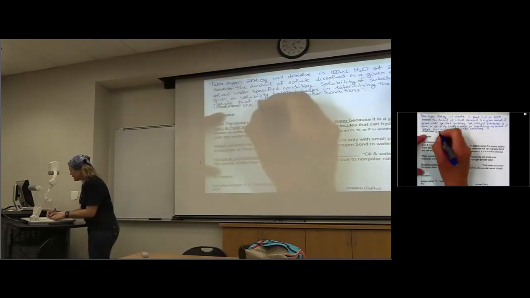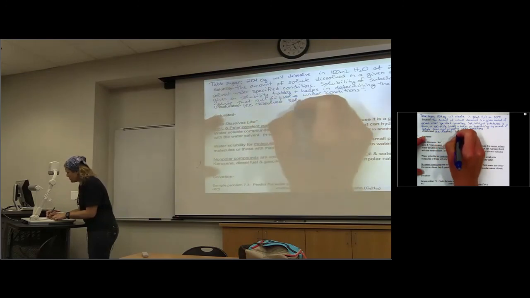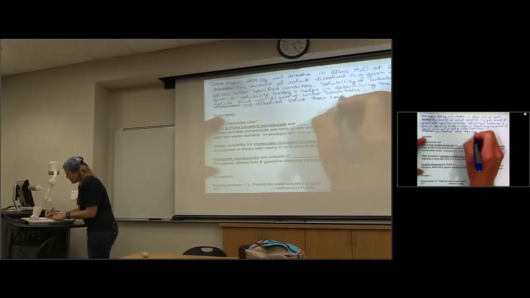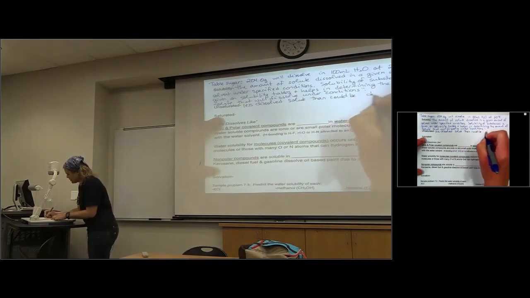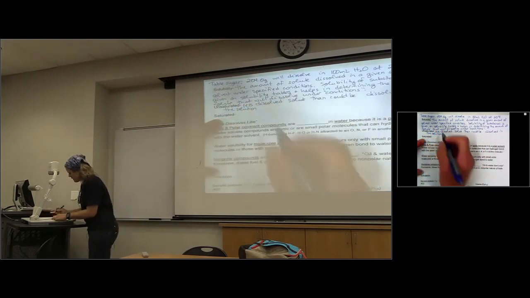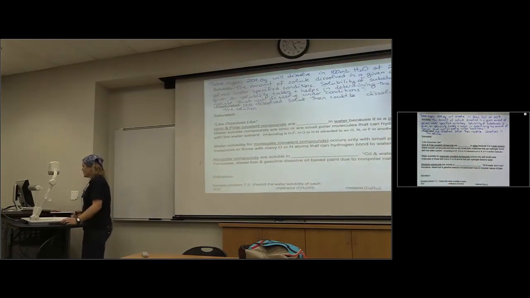Unsaturated is less dissolved solute than could be dissolved in the solution.